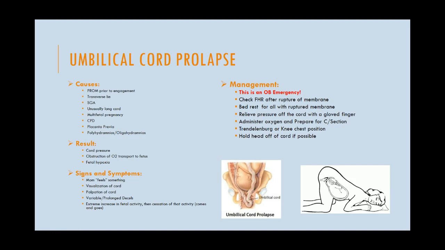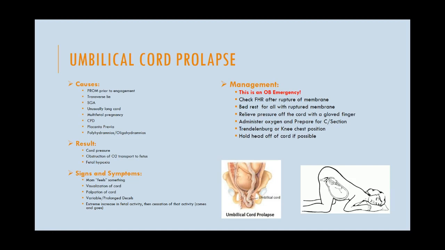Moms with polyhydramnios or oligohydramnios, remember that amniotic fluid in the right amount is very good for the baby and the cord. When we have too much or too little, then umbilical cord prolapse can be an issue.